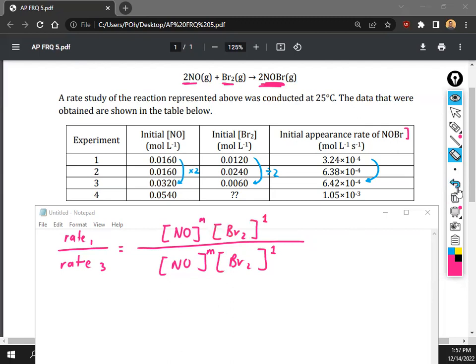We can cancel out the K's. Now for Br2, we're going to plug in the numbers that we have right here. For experiment 1, we're going to put in the concentration of Br2, which is 0.012. And for experiment 3, it's going to be 0.006.